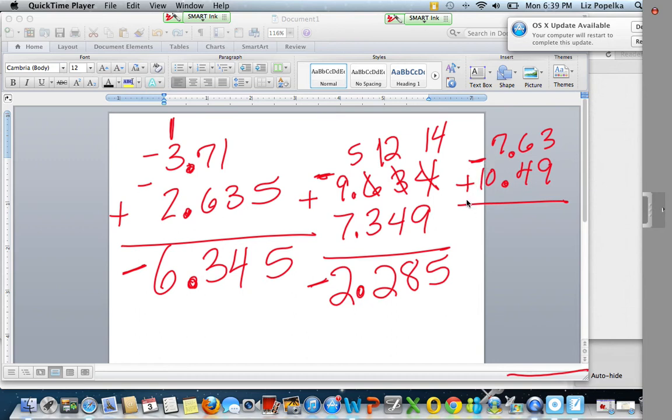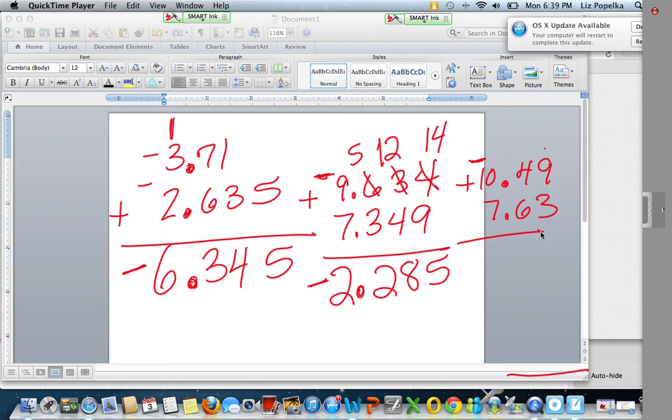So what I'm really going to end up doing is subtracting, because this positive 7 is going to cancel out 7 of those negatives. So I'm actually going to rewrite this problem because I'm really subtracting. So negative 10.49, I'm going to put 7.63 underneath it.